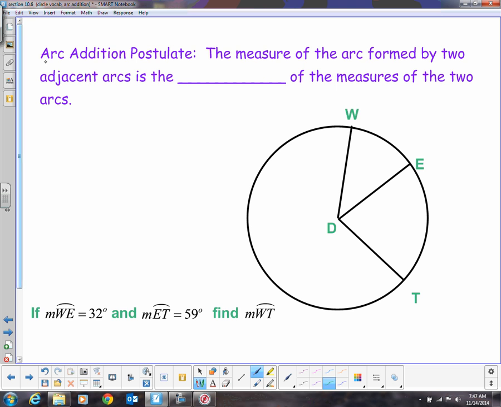All right, now, arc addition is like segment addition. The measure of an arc formed by two adjacent, next to each other, arcs is the sum of the measure of the two arcs.